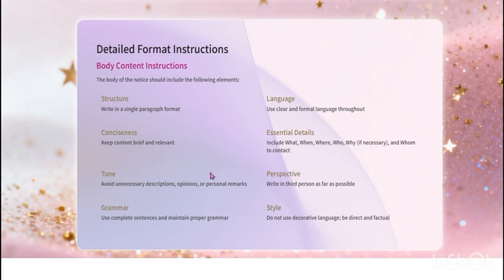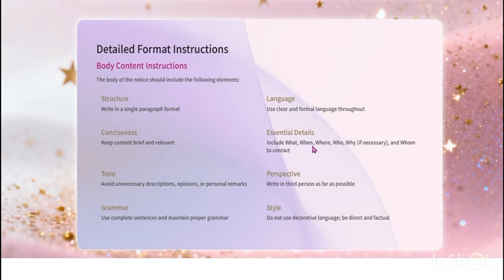It should be brief and relevant. Do not write personal remarks or quotations, or your personal opinion, and write in third person. Do not use flowery or decorative language. Please write in plain, simple, easy English to understand. And again, keep in mind those things which I told you when you're writing a body.